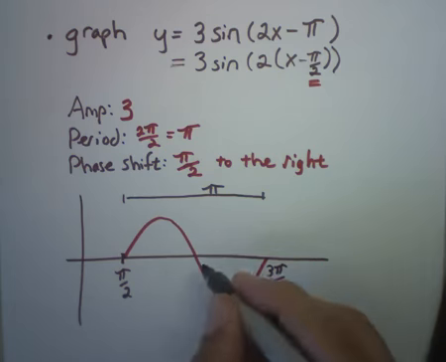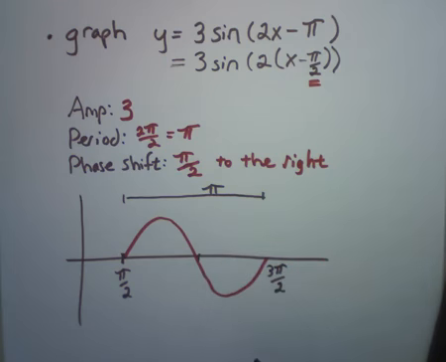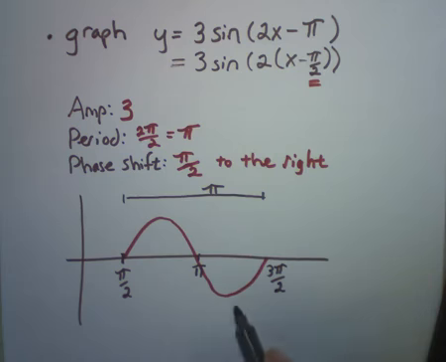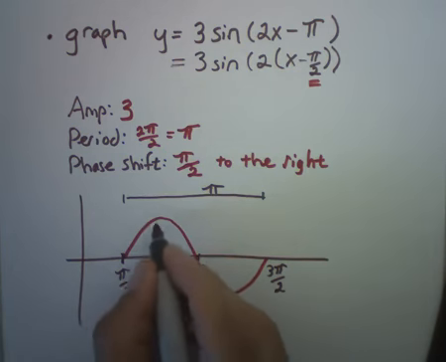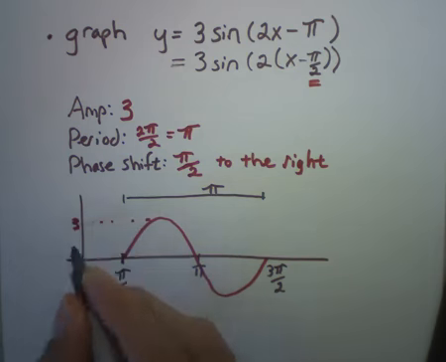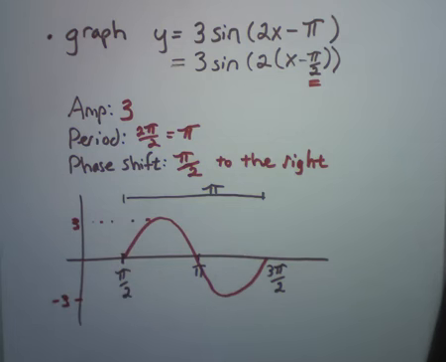And if you need to figure out other points like what's in the middle right here, you can say halfway between pi over 2 and 3 pi over 2 would be 2 pi over 2, or just pi. And you can figure out the high point and the low point. But anyway, so that's that. We also have an amplitude of 3, so we know that the highest it goes is 3 and the lowest it goes is negative 3, and that is a full graph of the original sine function.